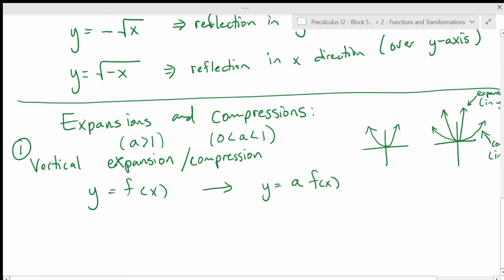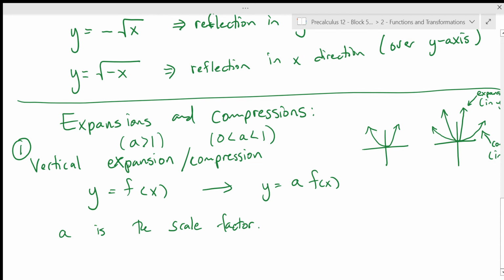The scale factor, so this is a vertical expansion or compression. We call a the scale factor. So when you're actually trying to calculate it, from your base function, the original function you started with, like y equals absolute value of x, y equals x squared, y equals radical x, y equals x cubed, any of our function friends, what that means is for the same x value, you would be multiplying the y value of your old function by the scale factor.